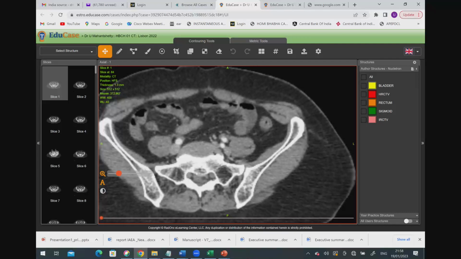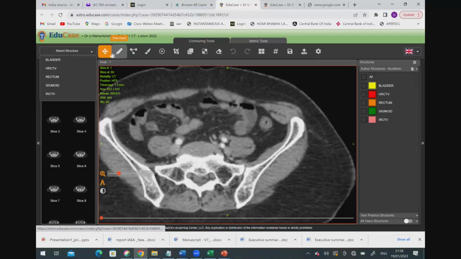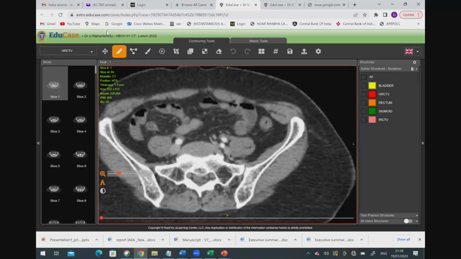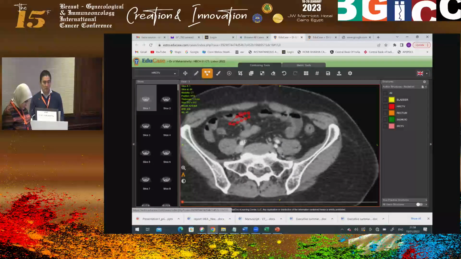So quickly, if you haven't, you need to choose your structure from the top left corner. Then you can choose either freehand by click and drag, or point to point, which will add points, or then you can use the brush contouring.